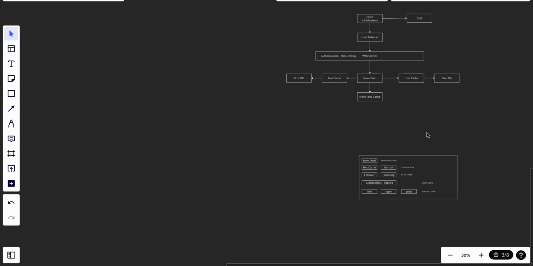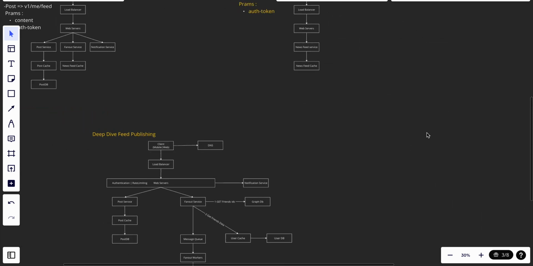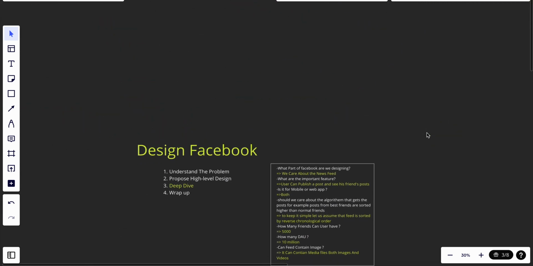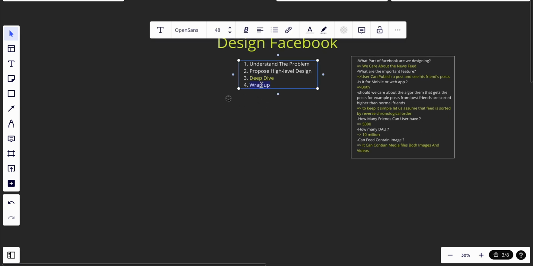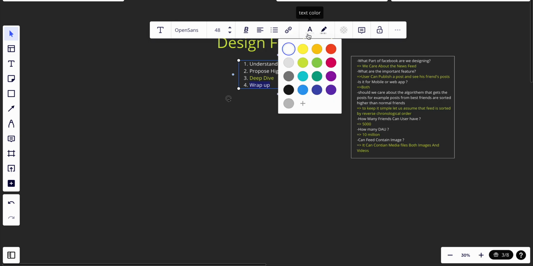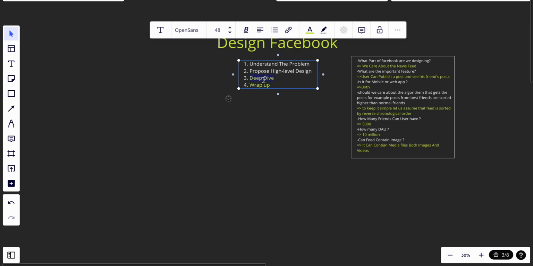Understanding them is the key to succeeding in any software interview, and to working with this framework. Right now we are in our wrap up section, because we have finished the deep dive.